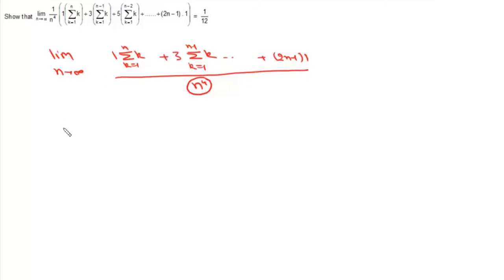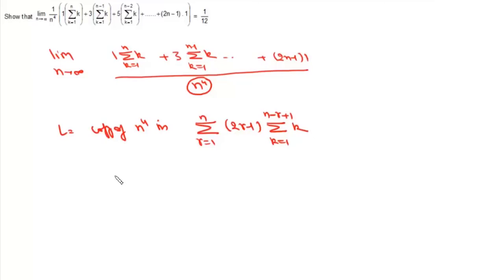So basically the answer to this limit will be the coefficient of n to the power 4 in this series, which is the summation r varies from 1 to n, (2r minus 1), times the summation k varies from 1 to n minus r plus 1 of k. So essentially we are looking for the coefficient of n to the power 4 in this series.